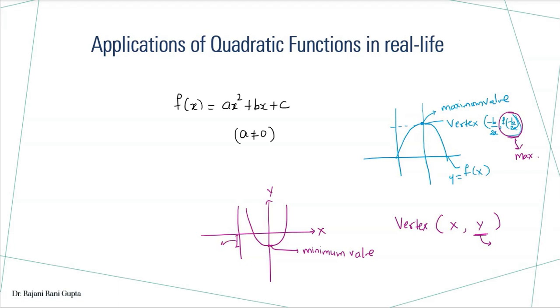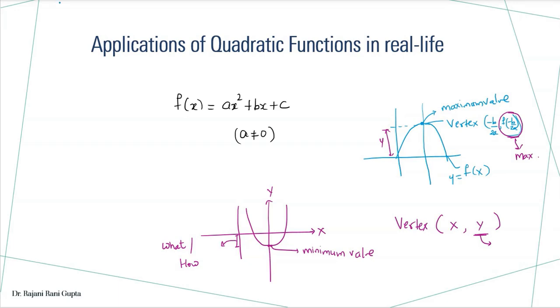Generally they'll ask you what is the minimum value, or how much is the minimum value, or what is the maximum value. Basically this distance is what you denote by y.